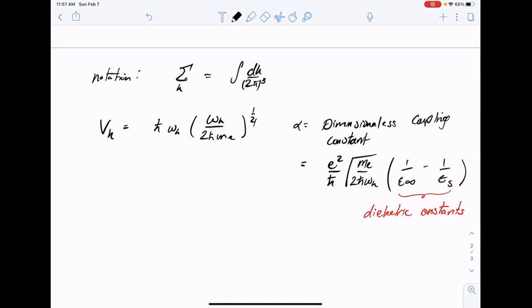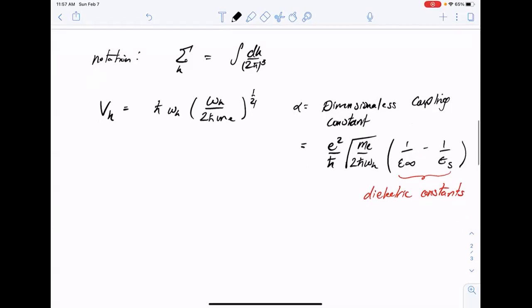The lowest energy mode which could couple is known as the longitudinal optical frequency. The dispersion of that frequency goes like k squared. So for small k, it's essentially a constant.